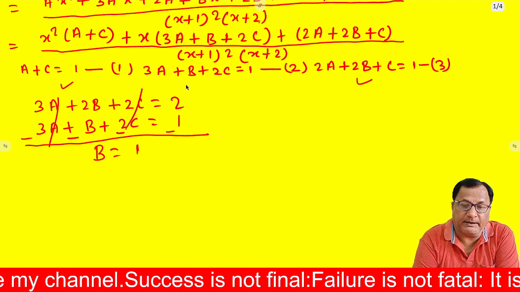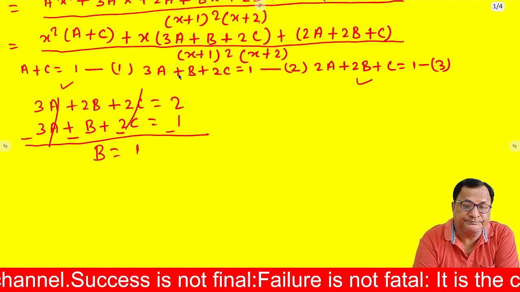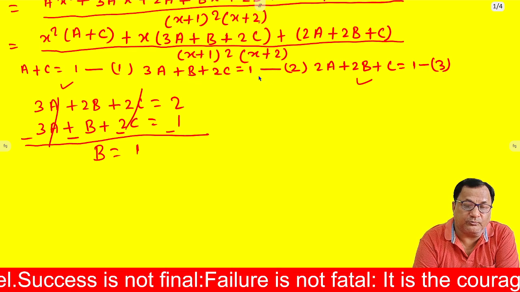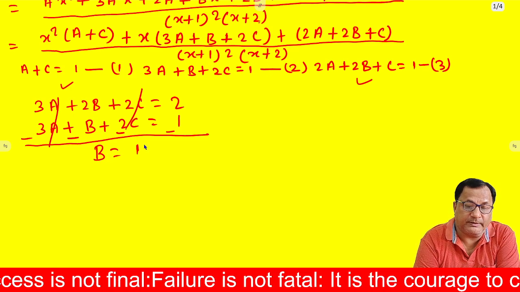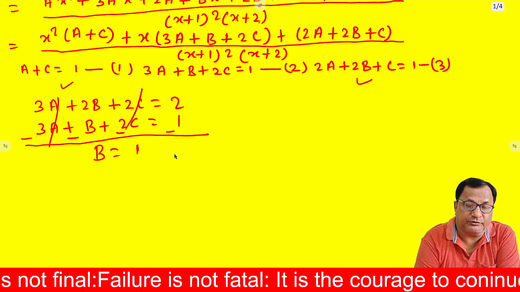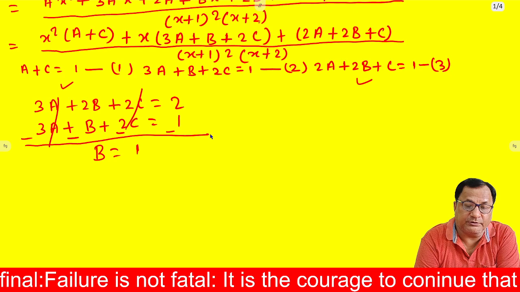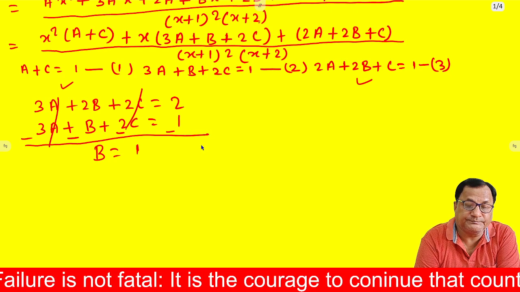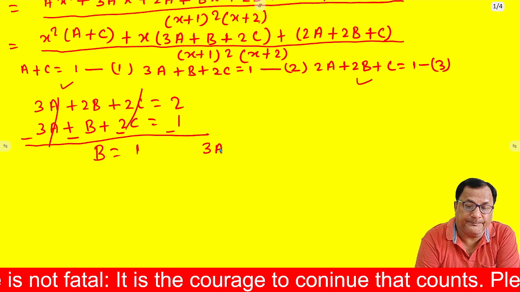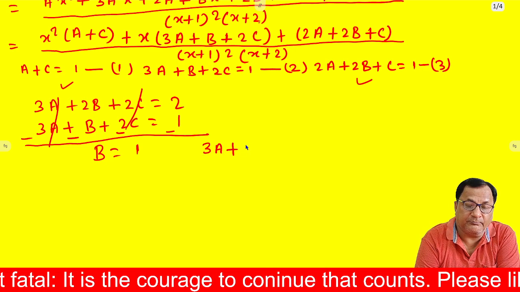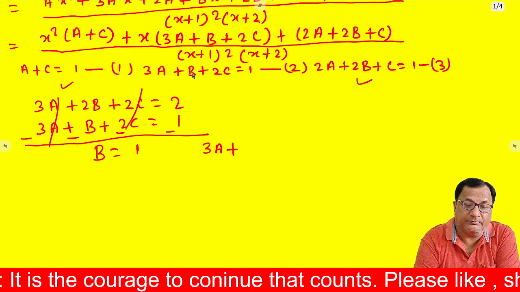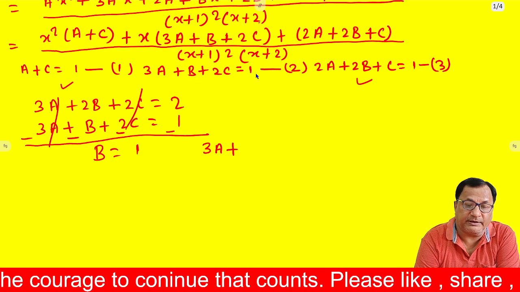Now we will put the value of b in equation 2. So if you put the value of b in equation 2, then this will be 3a plus 1. The 1 will come to this side, so it will become 0.